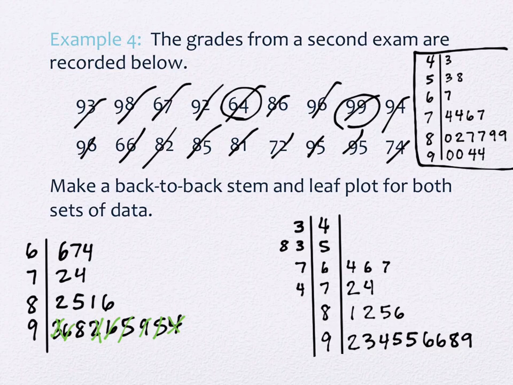I have a 4, a 4, a 6, a 7. I have a 0, a 2, 7, 7, 8, and 9. And then I have 0, 0, 4, and 4.